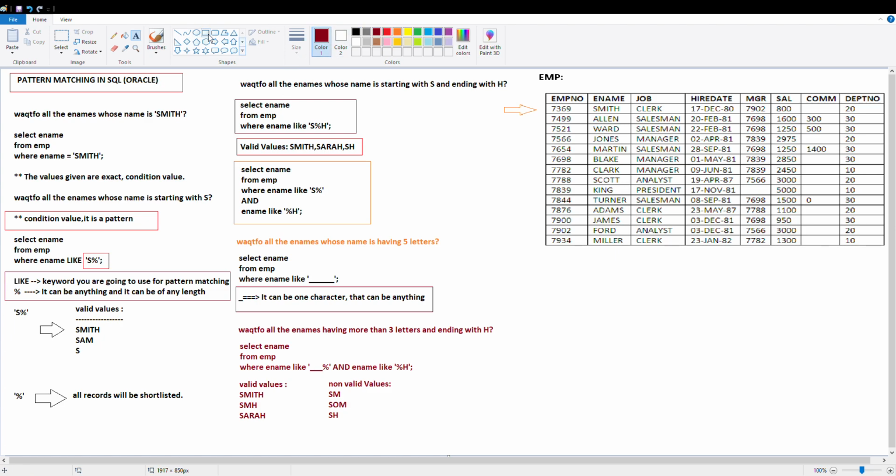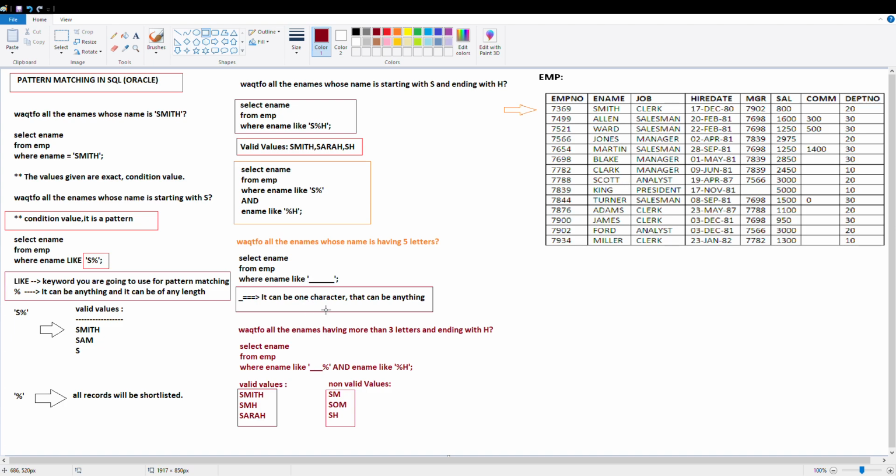So what are we doing here? In the same query, I am using both underscore as well as percentage. On a very high level, you have to think like this: underscore has a restriction on the length. When I say underscore has a restriction on the length, basically I'm saying it should be only one letter per underscore.